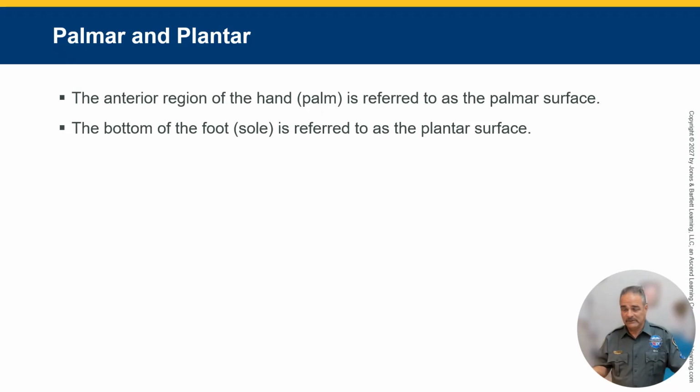Plantar, bottom of the foot. Fascia means the layer of tissue that covers the muscle. Itis meaning inflamed, okay, or irritated. So plantar fasciitis, very simply, means you have pain in the bottom of your foot. It's not an injury, it's a pain from an affliction or a condition of inflammation.